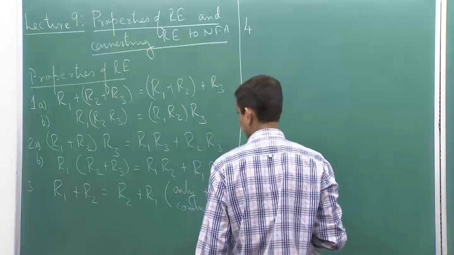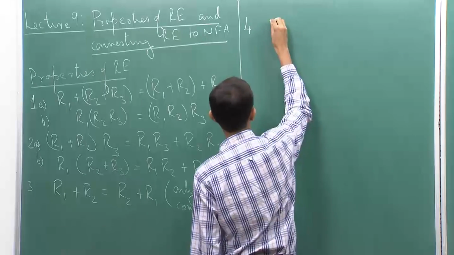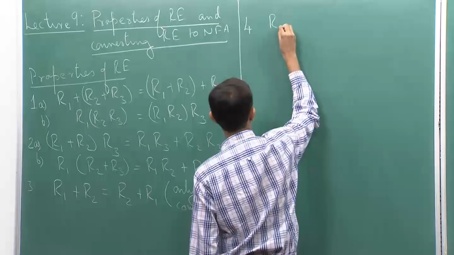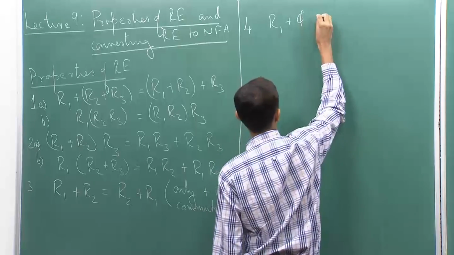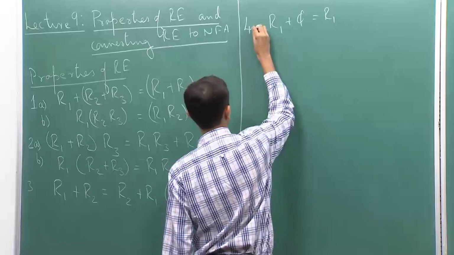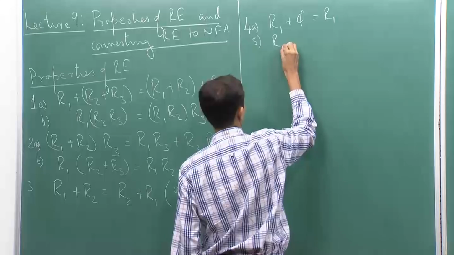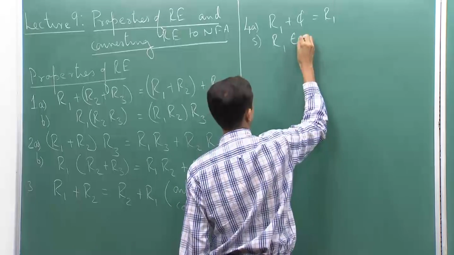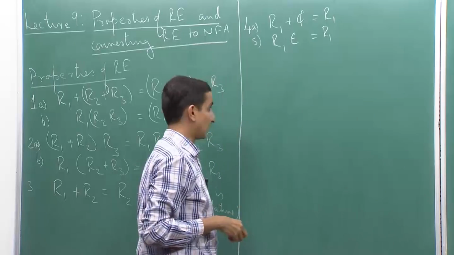Then we have some other identities. R1 plus phi is R1, and R1 dot epsilon is again just R1.